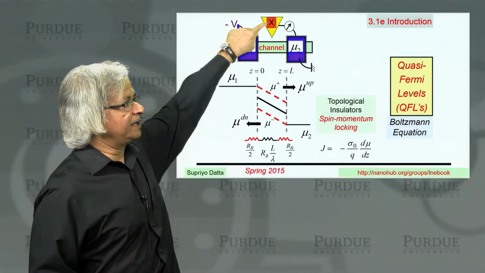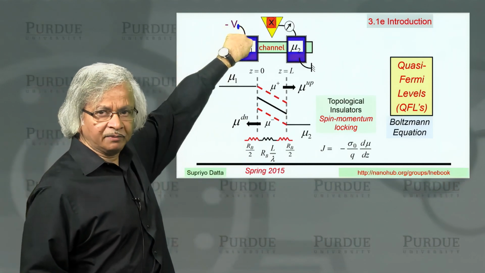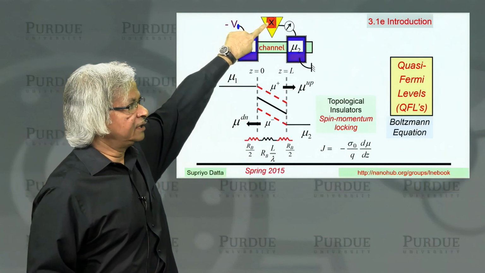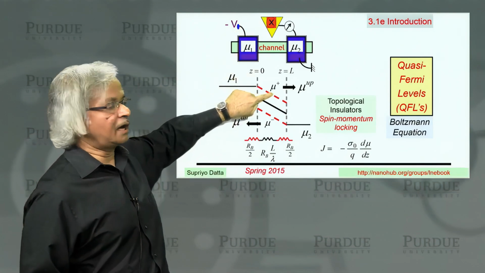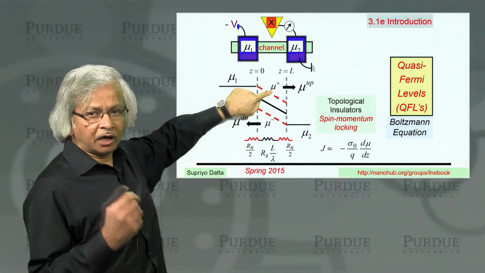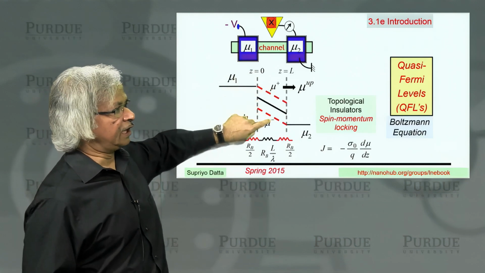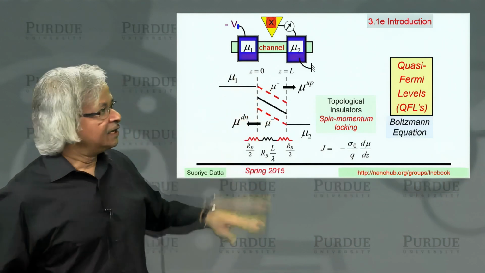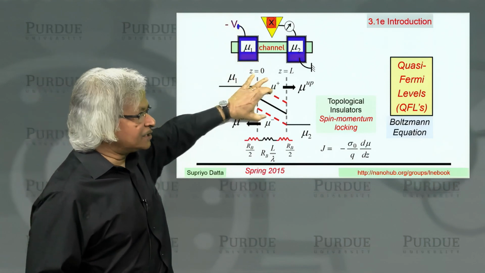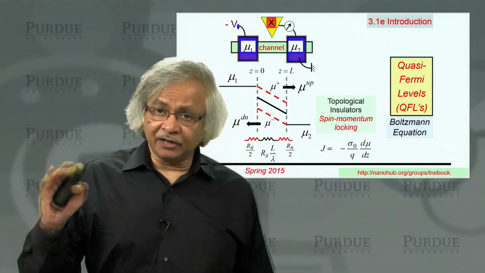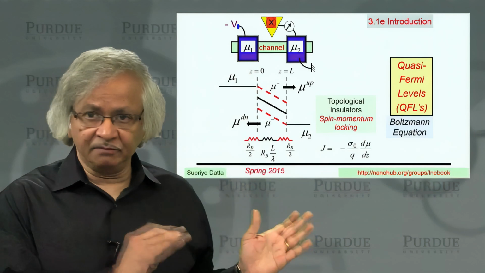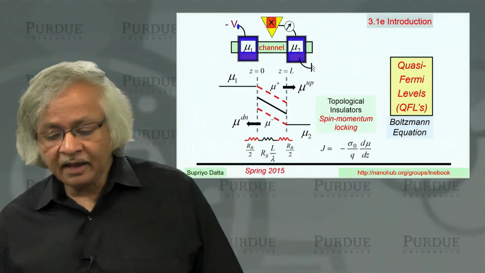That is, if the magnet points into the paper, like I've shown here, then you'd be measuring, say, up. If it points out of the paper, you'd be measuring down. So what that means is that these quasi-Fermi level differences can actually be measured today and have been measured. You see?